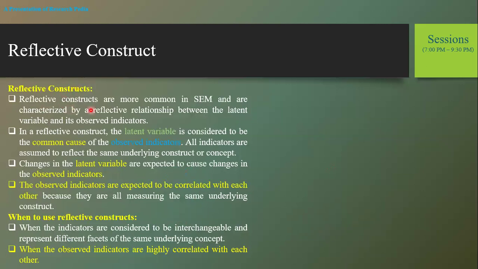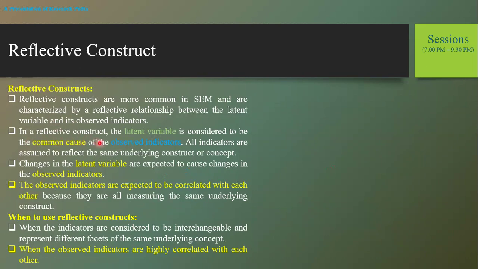Reflective constructs are more common in SEM and are characterized by a reflective relationship between the latent variable and its observed indicators. So when your construct shows some reflection of arrows, I will indicate a diagram over here, but at first we need to understand the basic guideline about reflective constructs.